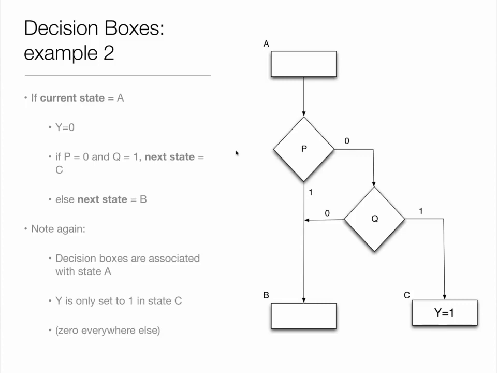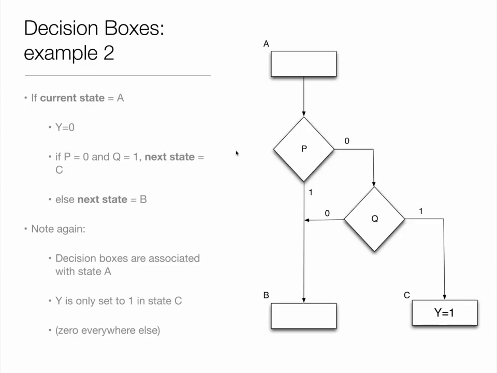If you're in state A, you look at variable P, and if it's a 0 and Q is a 1, both together, so you're in A, P is 0, Q is 1, then the next state will be C. For all the other conditions, we go to B.